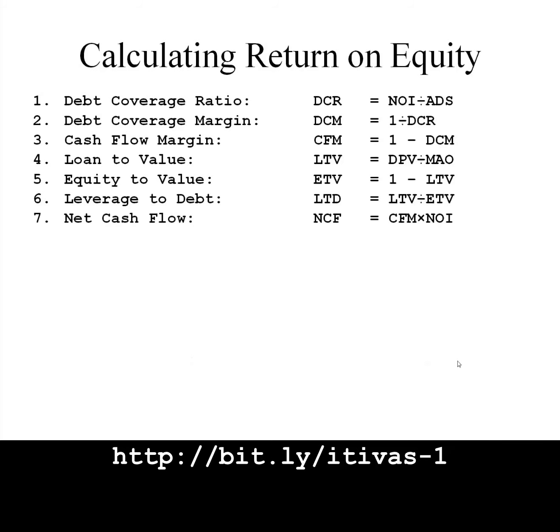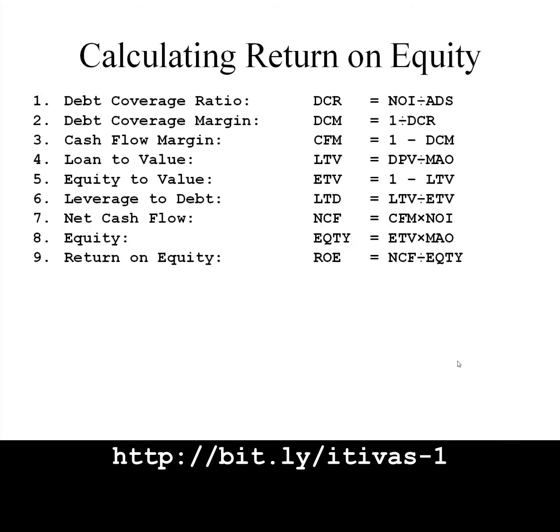Net cash flow is the cash flow margin times the net operating income. It's simply the amount of cash flow left over after servicing the debt. Equity is the equity to value ratio times the maximum allowable offer. Return on equity, it's the net cash flow divided by the equity.